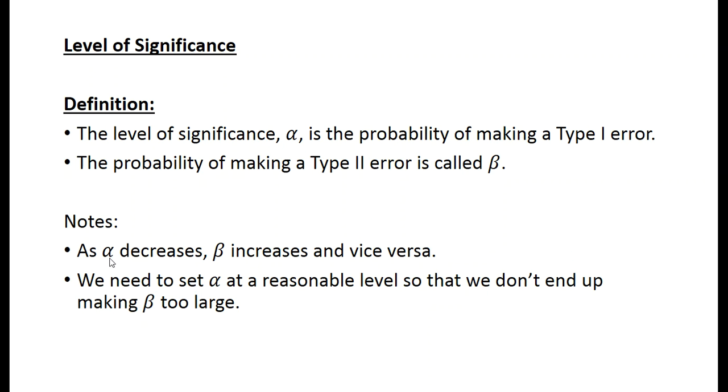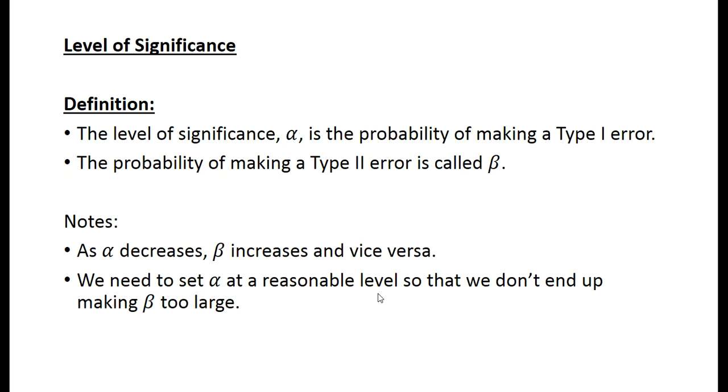Unfortunately, as we decrease alpha, we decrease the probability of a type 1 error, but we increase beta, the probability of making a type 2 error, and vice versa. If we minimize beta, we increase alpha. So we need a nice balance where we set alpha at a reasonable level for our situation.